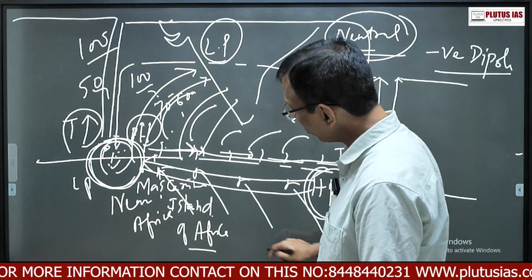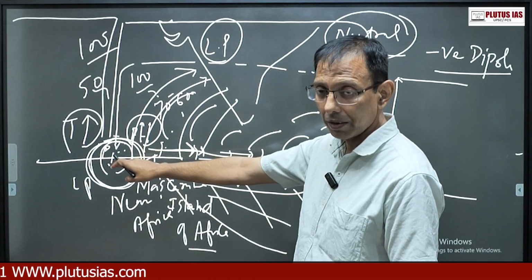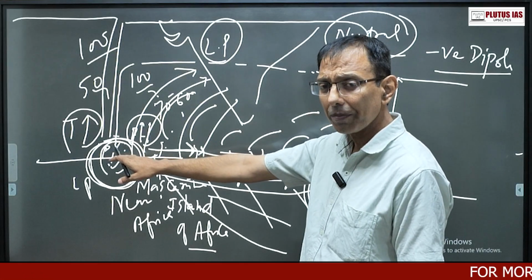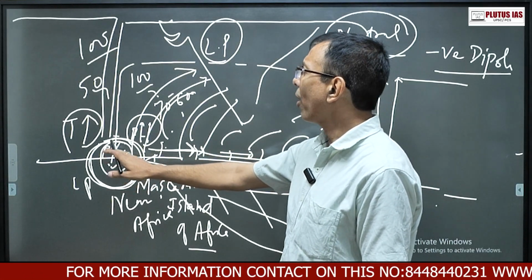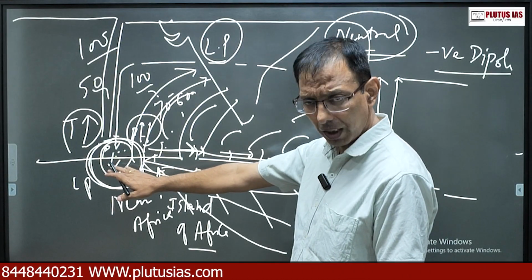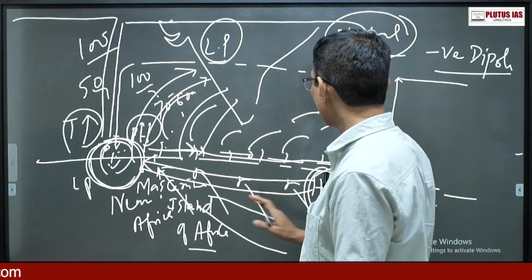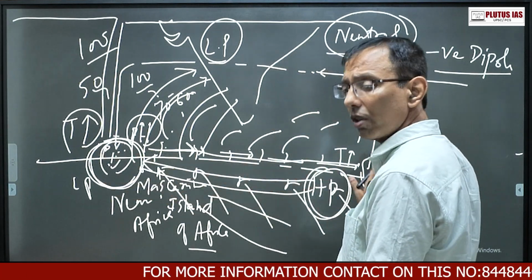Now what happens to the southern hemispheric trade wind when it comes to that region? Although there is a low pressure, with the absence of the Mascarene high there are no such gradients towards the eastern Indian Ocean.